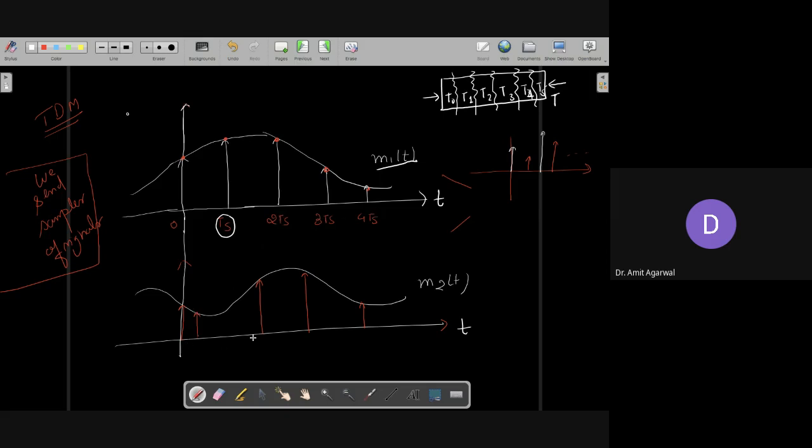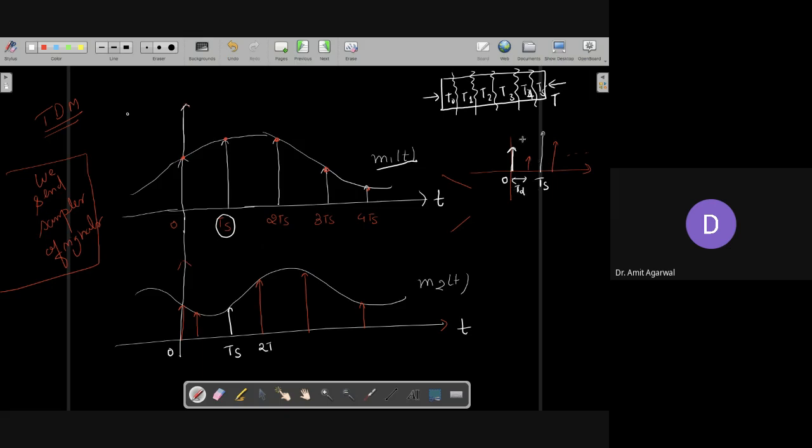Similarly, you can also sample it over the same time, and then you can shift a bit. So we sample our signal M1T, and then we transmit the first sample of this signal at this time, and the second sample we transmit with some delay.